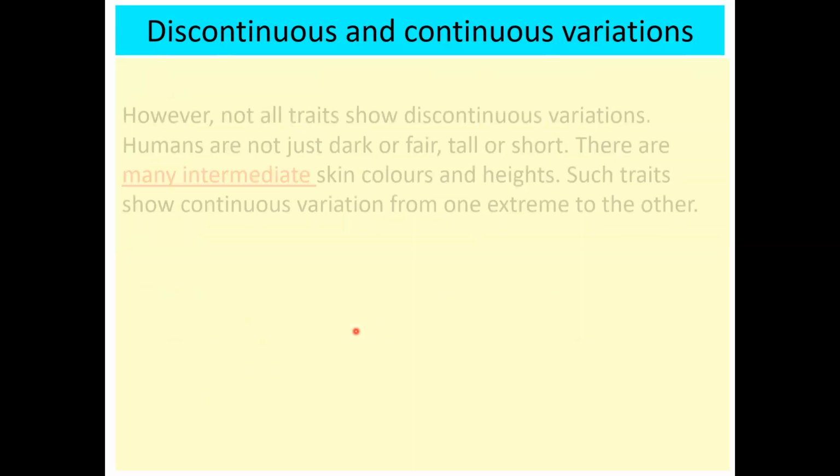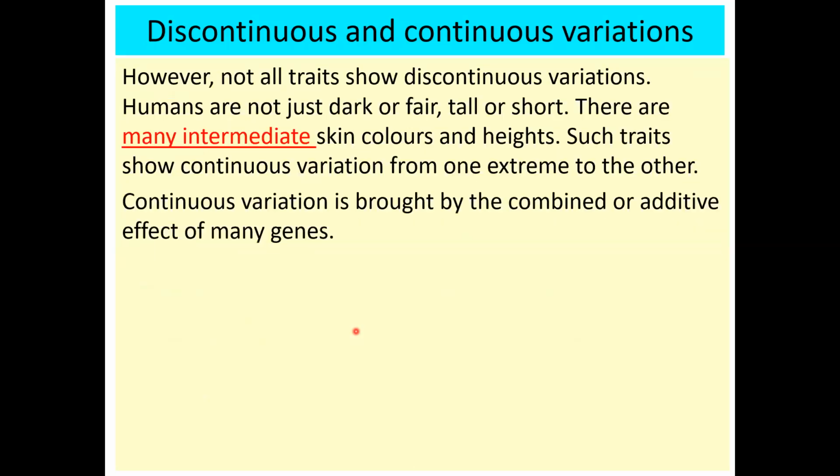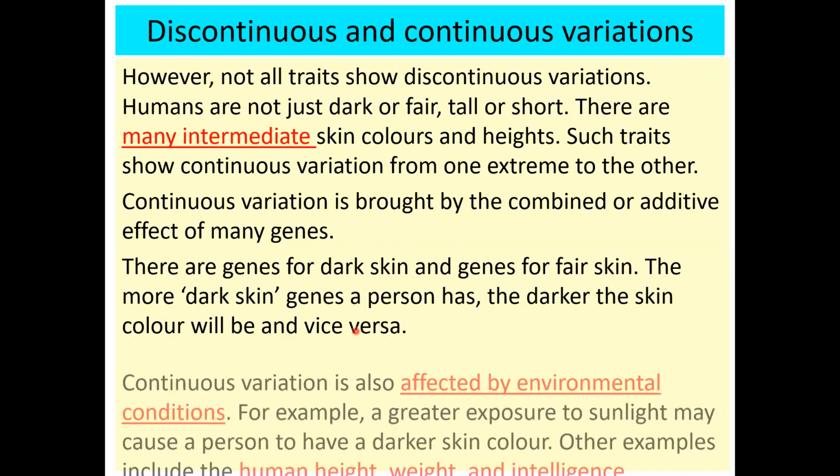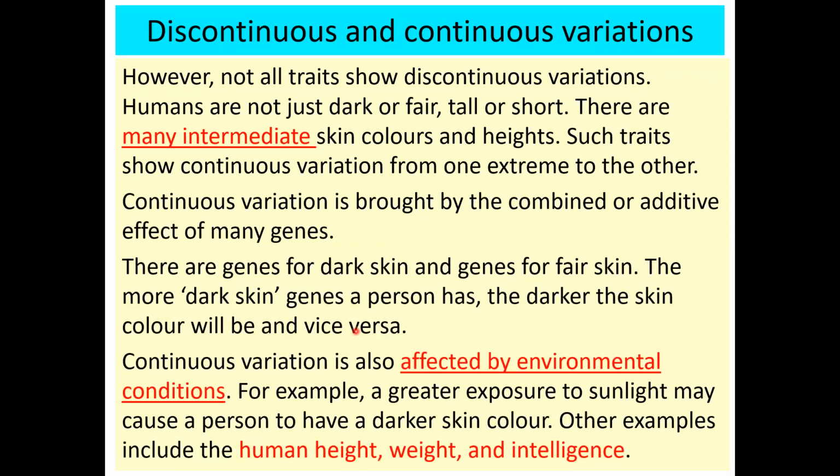While talking about the continuous variation, it is with any trait or any phenotype which has multiple choices, many phenotypes, a range of phenotypes, or many intermediates in between. Such type of variation is known as continuous variation. Like human height, everyone can have a different height.